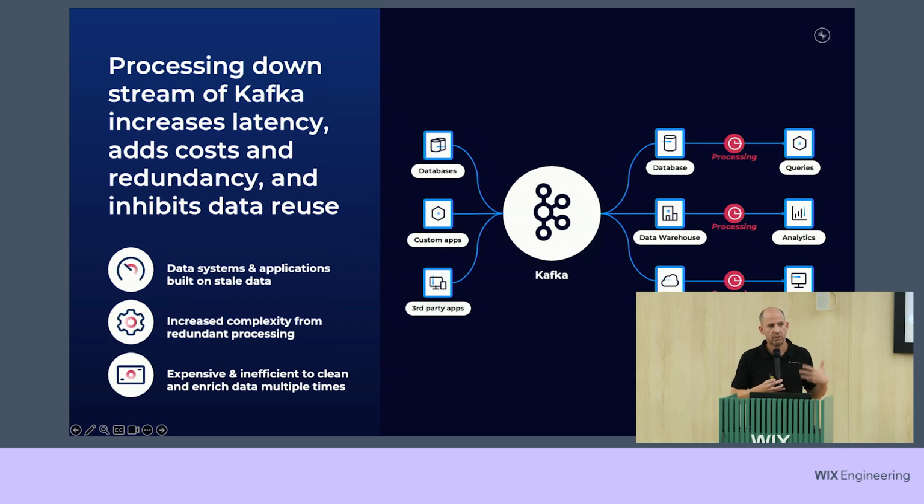Then you need to do additional processing of the same data, okay? And this causes complexity, redundancy, and can also cause inconsistency. And of course, this all reflects in cost, okay? It adds cost to your solution.